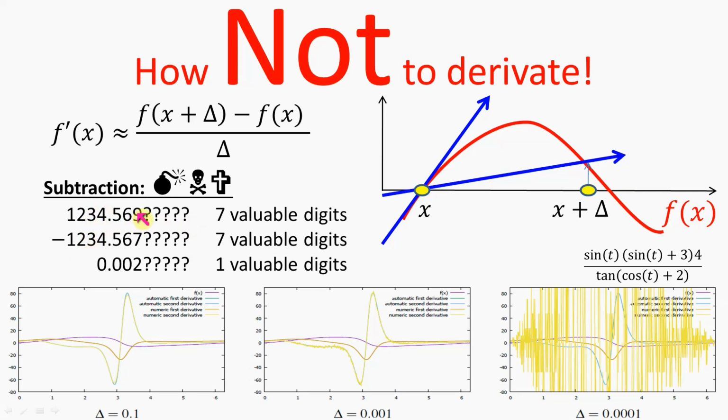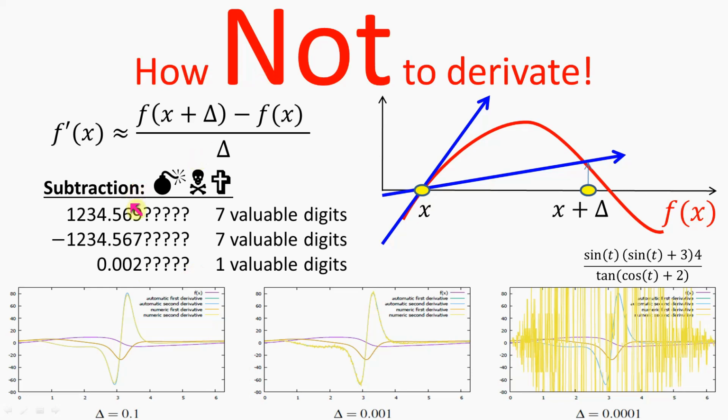In this particular example, the two numbers are different only here, but because of the limitations of the finite number representation, we do not know anything about the digits coming after the last valuable digit. Making the difference, only one valuable digit remains, and all the remaining parameters can be arbitrary with respect to the ground truth.